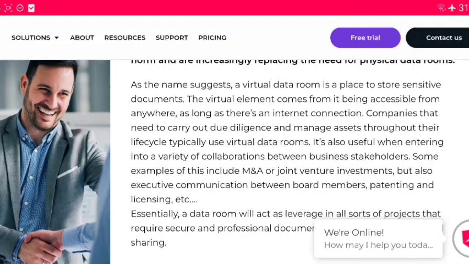Companies that need to carry out due diligence and manage assets throughout their lifecycle typically use virtual data rooms. It's also useful when entering into a variety of collaborations between business stakeholders.